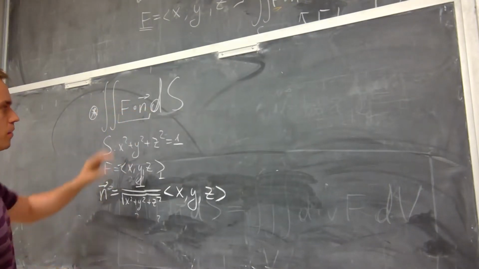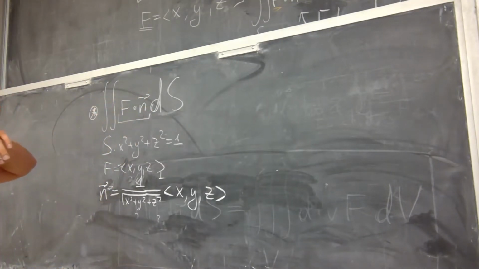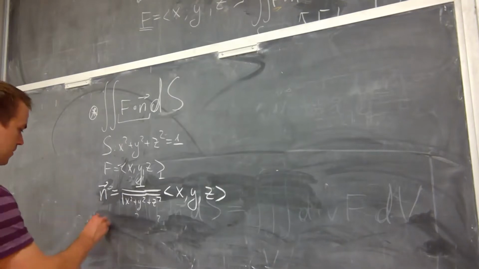But I want to cancel out with dS, and dS is equal to, if I write the partial derivatives, I don't want to. Okay, let's just find the dot product of these two.